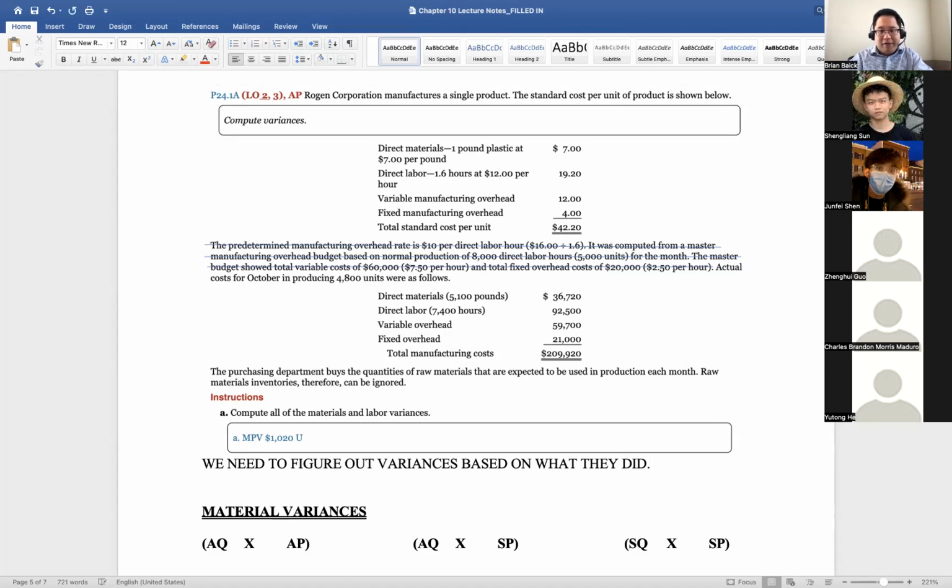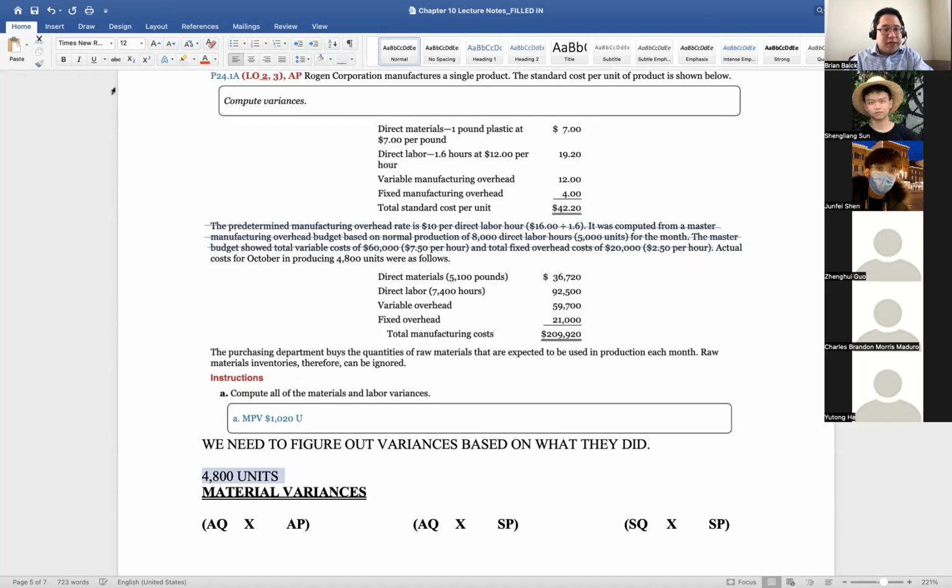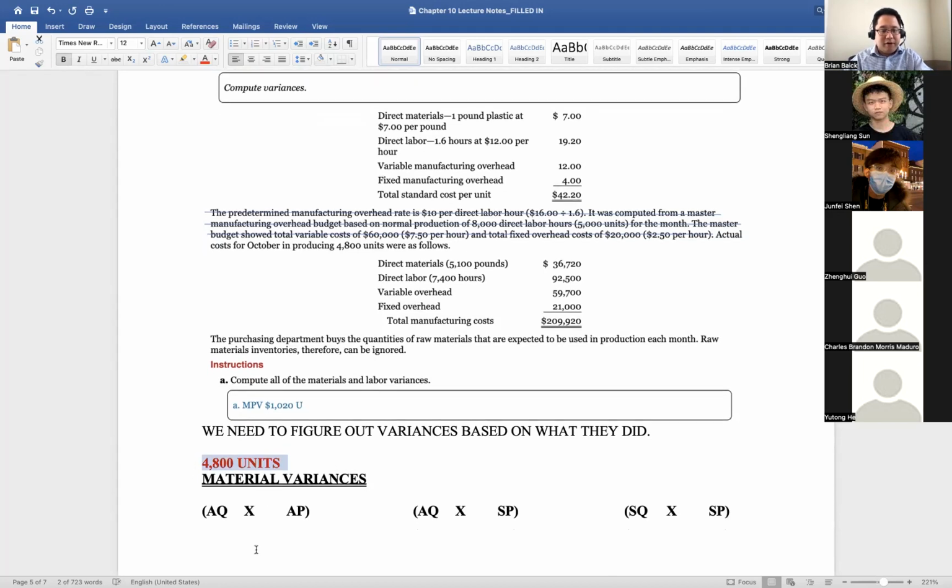So they actually made 4,800 units. If they actually made 4,800 units, then I can figure out how much I actually paid for my materials, right? And we can figure out how much you're supposed to pay for your materials, and we can figure out the three variances.